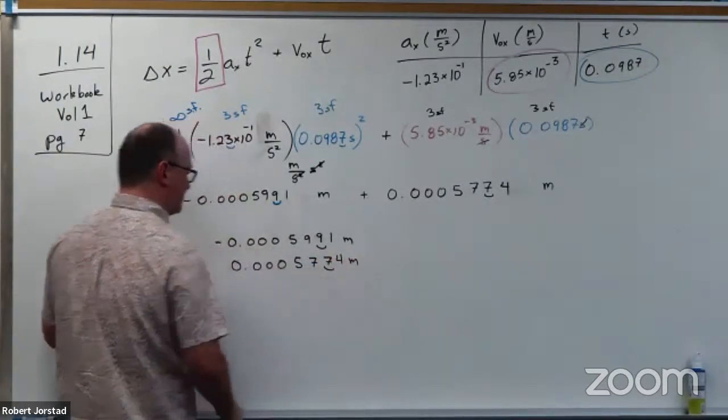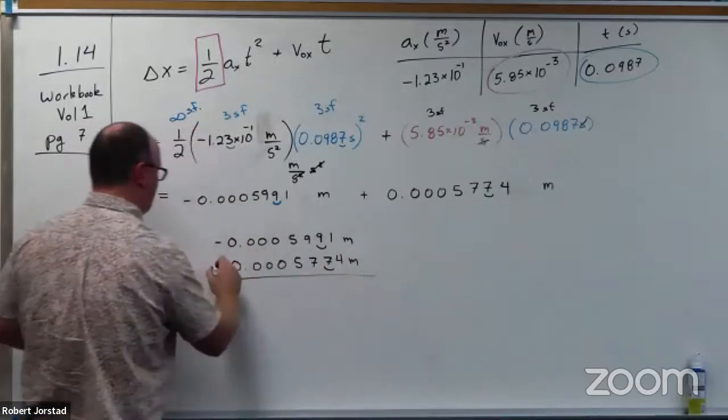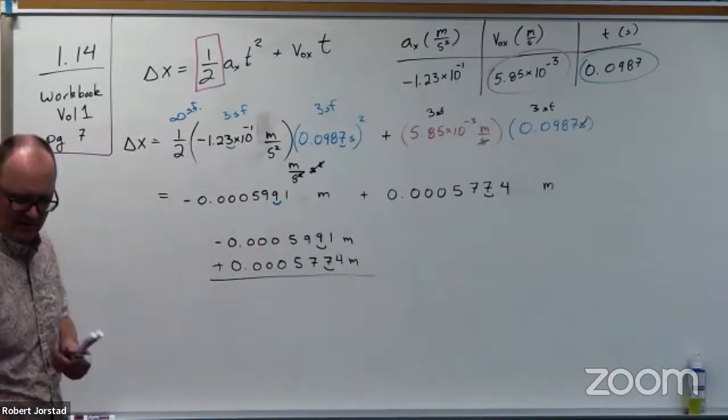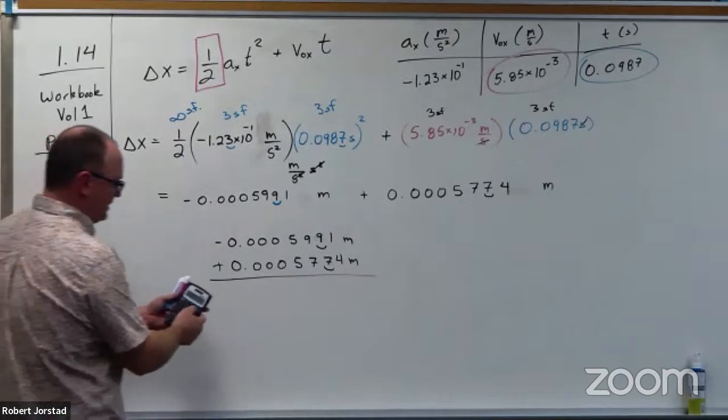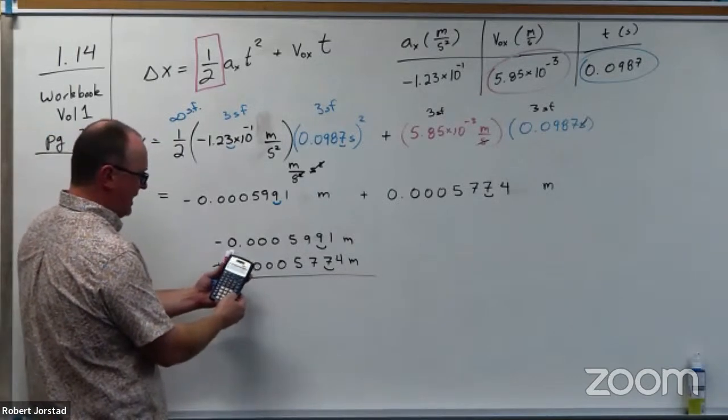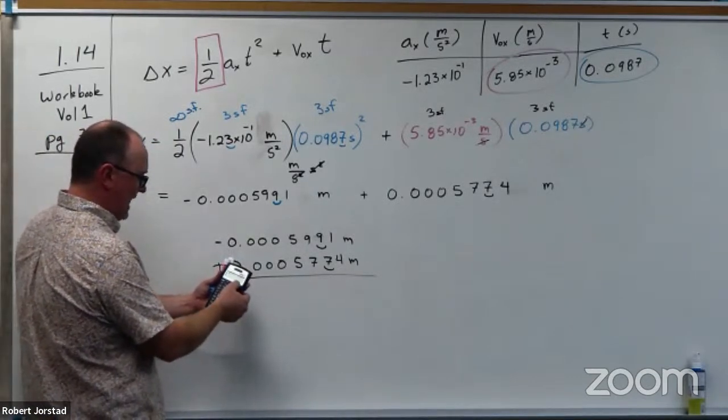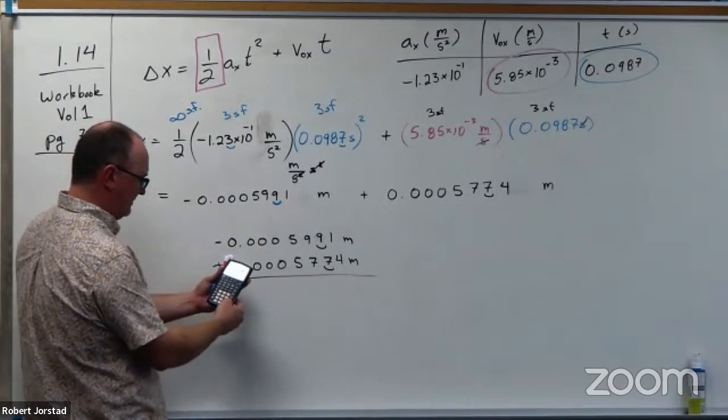Okay, we see these numbers have 3 sig figs, and we're adding this negative to that positive. Now, when I do this, I should be able to just take this number and add it to, going back up a couple of columns, this one.